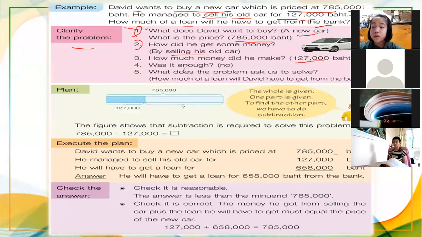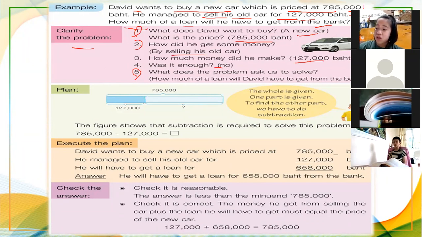No, it's not enough, because the amount he needs is 785,000, but he has only 127,000 baht. So now what do we have to do? We have to find out how much of a loan David will have to get from the bank. So David needs a loan, right, from the bank. How much? Now we have to find out.